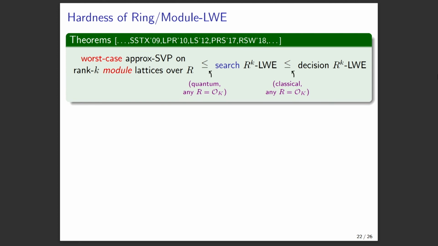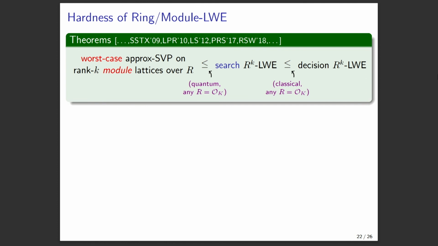And then similarly to before, you can show that the search problem is at least as hard as some worst case lattice vector problems on what are known as ideal lattices or module lattices over your ring R. Okay? Again, this reduction is quantum. So what we have here is a more structured LWE problem, but it's at least as hard as a worst case problem over similarly structured lattices.